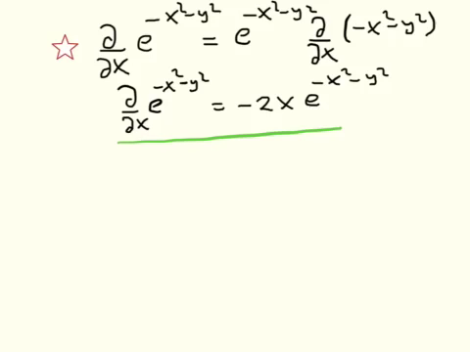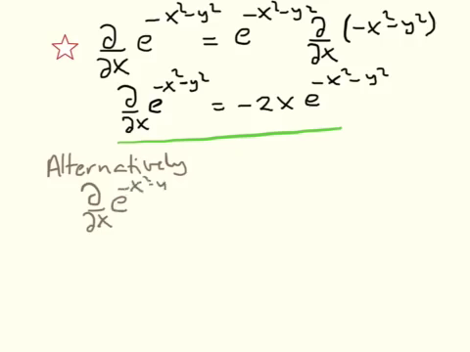So alternatively, we have d by dx of e to the minus x squared minus y squared means d by dx of e to the minus x squared times e to the minus y squared.